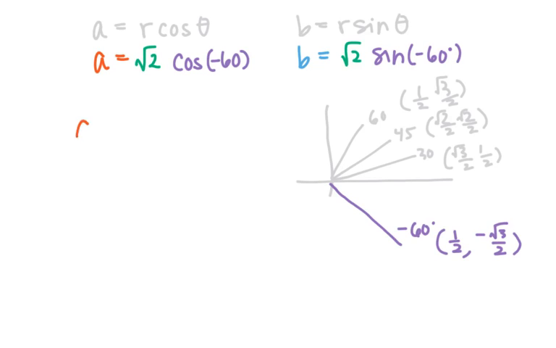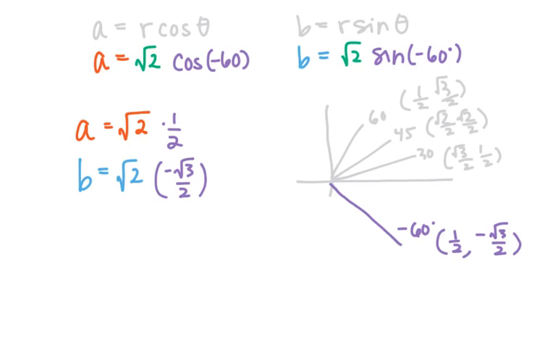That lets me know that a is the square root of 2 times 1/2, and that b is the square root of 2 times negative root 3 over 2. Simplifying that, I've got a is root 2 over 2. b is negative root 6 over 2.